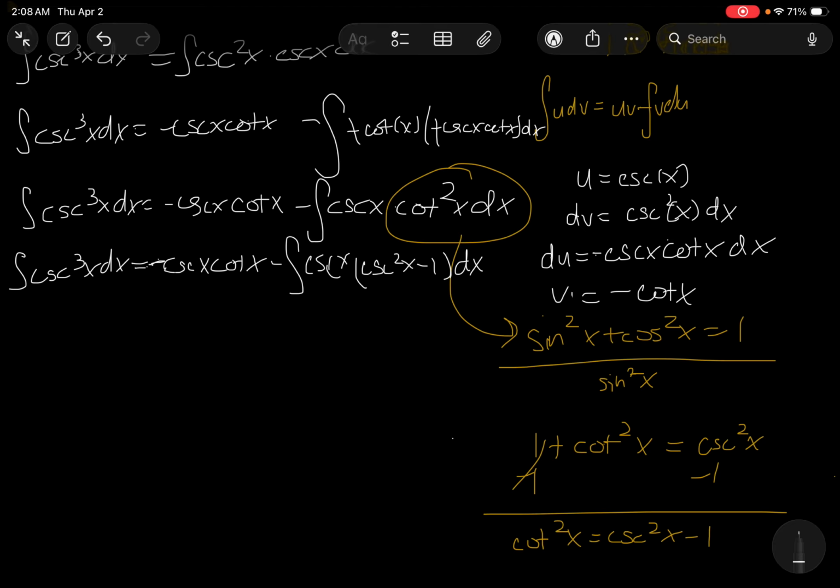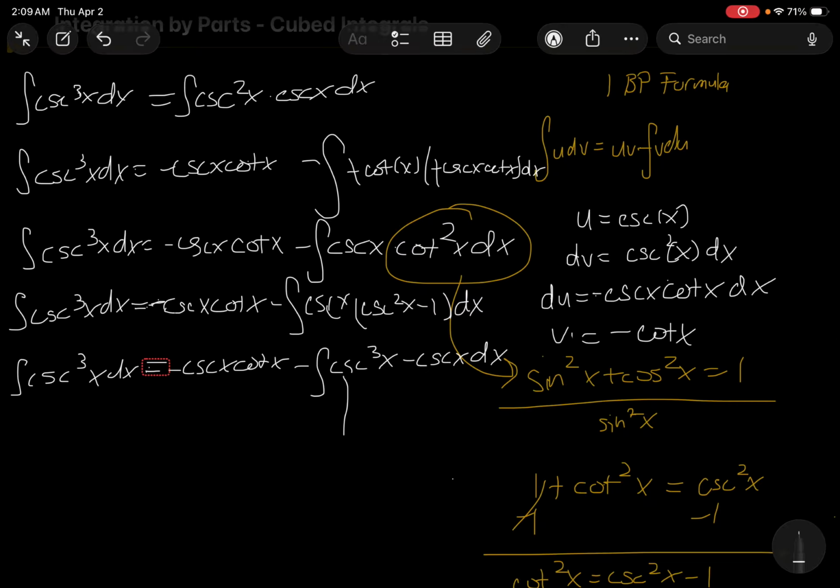Alright, so now we're going to simplify that. We're going to FOIL inside. What is cosecant of x times cosecant squared of x? That's going to be cosecant cubed of x minus cosecant of x dx.